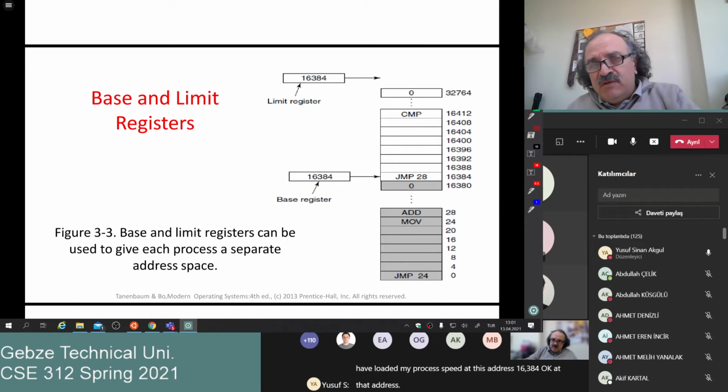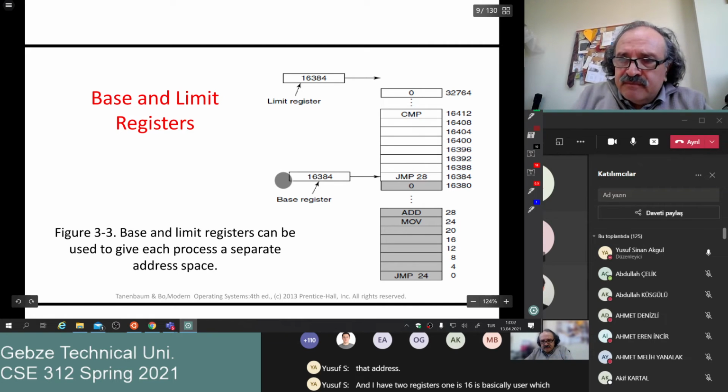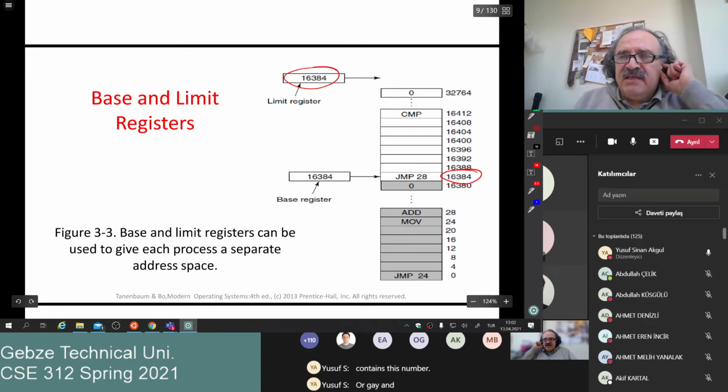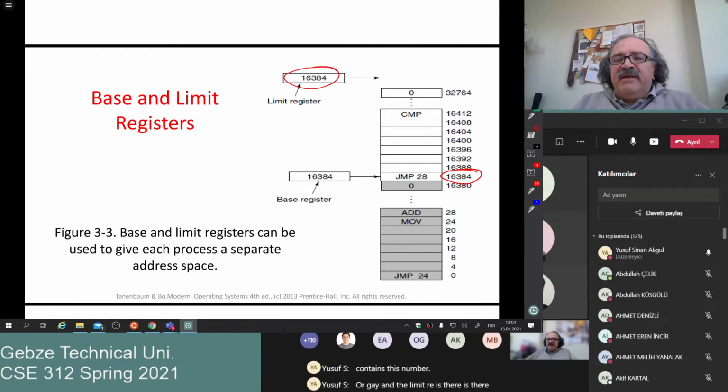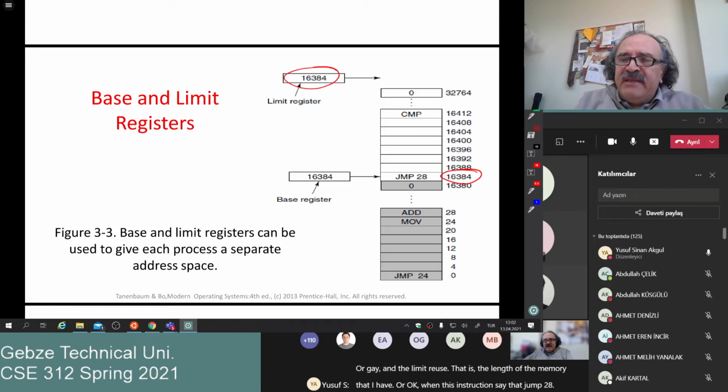I have two registers. One is the base register, which contains this number, and the limit register is the length of the memory that I have. When this instruction says jump 28, I automatically add this number to this number and I reach this position.